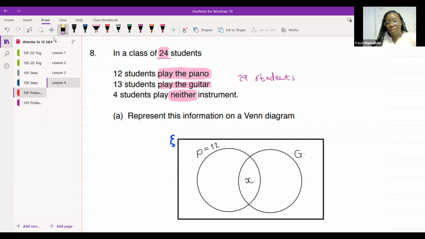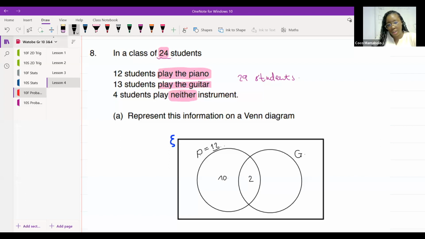If this X in the middle was 2 and the kids who play piano all together was 12, how much would we have over here? Oh, 10. Correct. How did you get to that answer? You normally add. We're just going to go 12 minus 2, and that would give us 10.